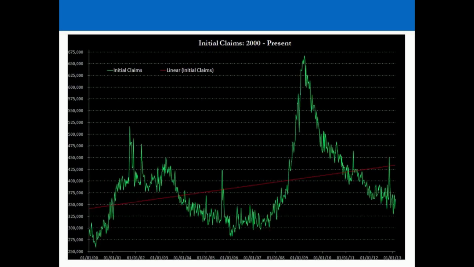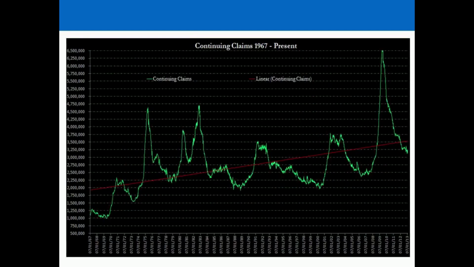2000 to present. That's with a long-term trend in continuing claims. So what does that tell you? Continuing claims, what's the definition? It's basically long-term unemployment. What's the trend?